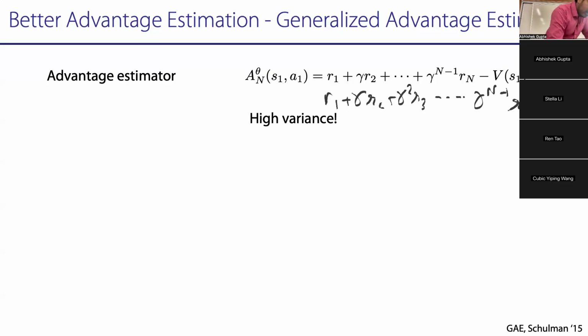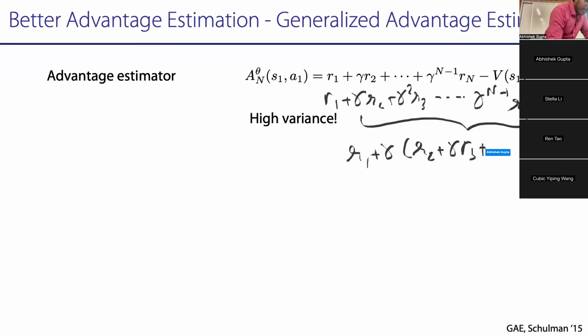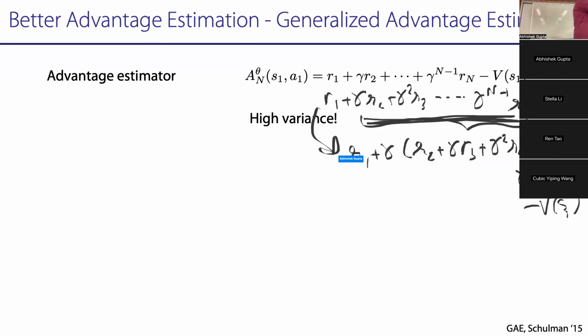Now it's R1 plus gamma times (R2 plus gamma R3 plus gamma squared R4 up to gamma to the n minus 2 Rn), minus V of s1. All I did was take gamma out of terms 2 to n.